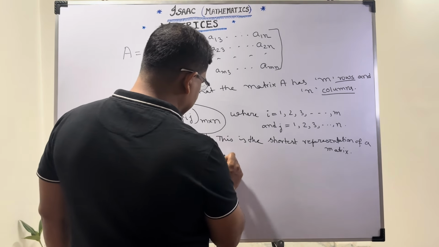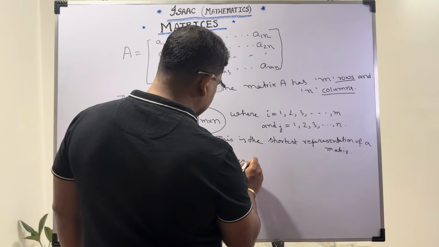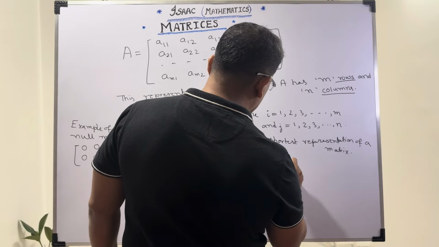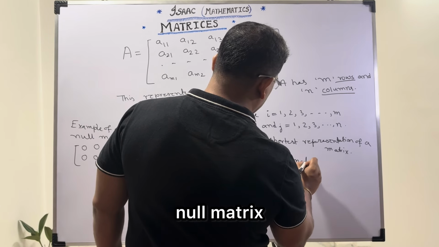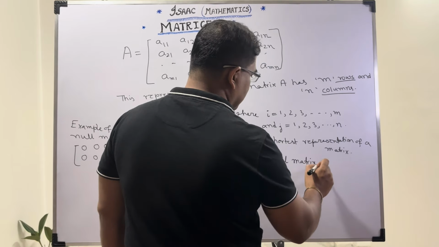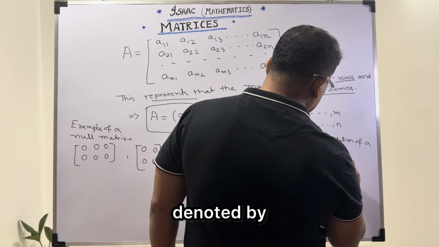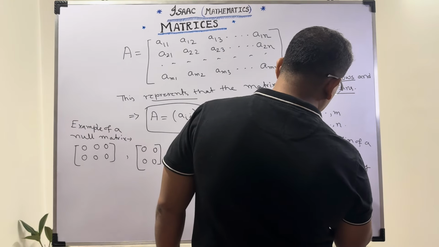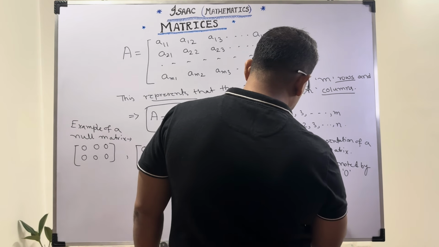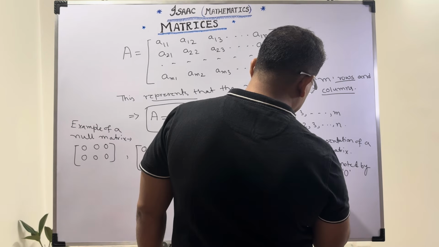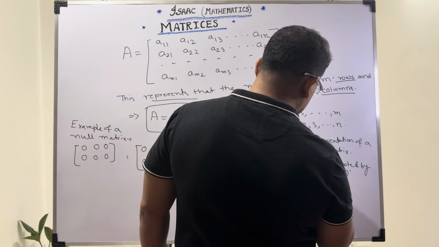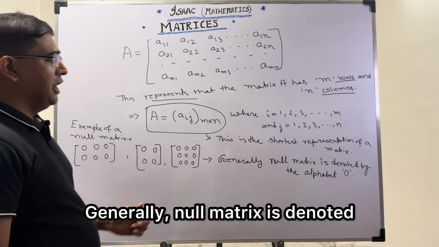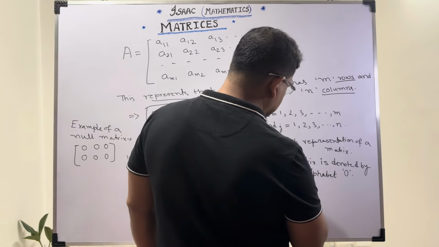Generally, a null matrix is denoted by the alphabet O.